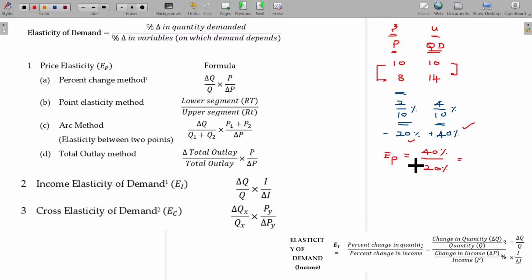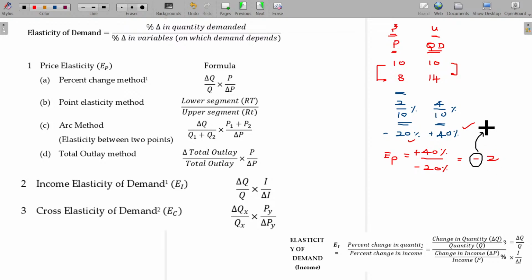So the answer is 2. The quantity demanded change is plus, but in case of price it's minus, so naturally it's minus 2, but usually we never bother about the signs here in price elasticity.